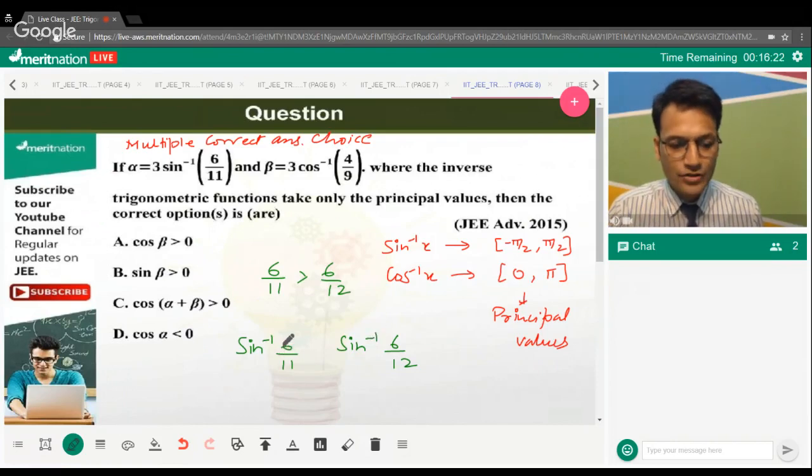Okay. So if I compare these 2 values, I know that this value is greater than this value. Sine inverse, if I talk about, look, the graph of sine is basically an increasing graph. If it's an increasing graph, therefore the value would increase. So if this is higher than this, in that case, this value will be greater than this.